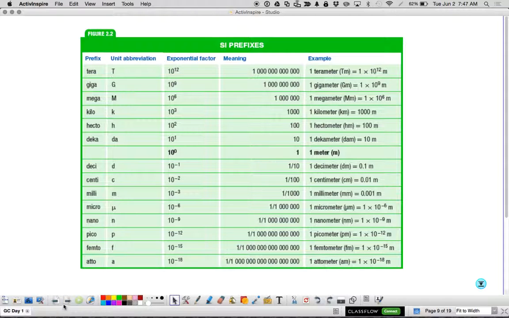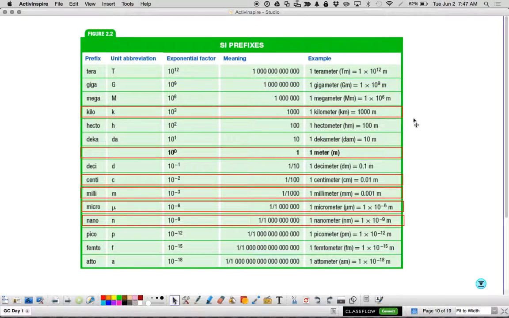So there are definitely some ones that I need you to know and be able to use quickly and easily. These are ones that we use a lot in chemistry. Kilo, then the base, centi, milli, micro, nano. These are all things that get used a lot in chemistry. The deca, the hecto, they don't get used quite as often.